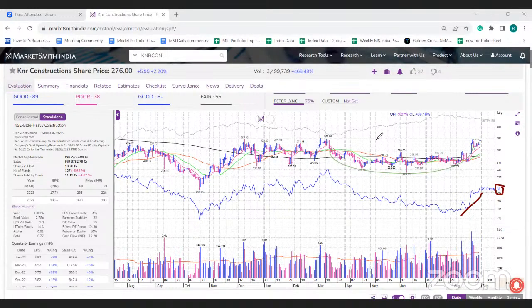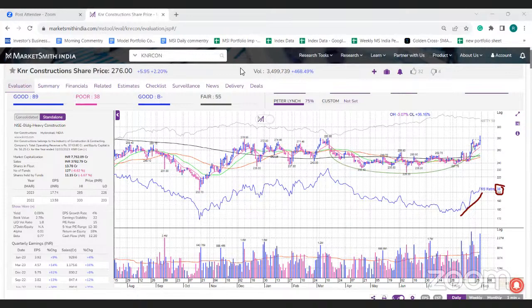Otherwise, look at the order book, and even the infra growth, the tendering process from NHAI, and other projects, the irrigation, the government, everywhere a lot of people are active. So the order book and revenue growth are not a major issue, but the payment cycle being disturbed due to the election might be a thing to watch out for, but broadly it's not a problem.